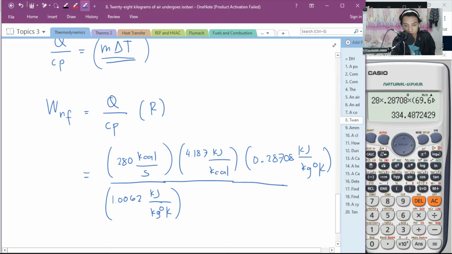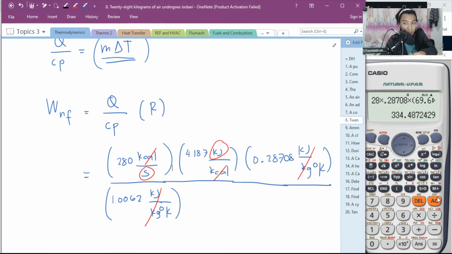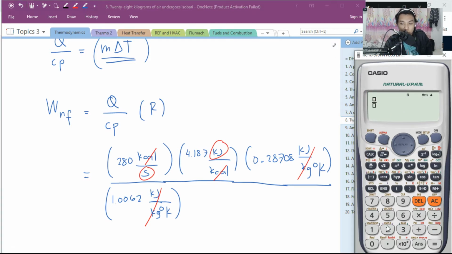Ito na po yung shortcut nun. Pinakita ko lang sa inyo yung long method. So, kilojoule per kilogram, kilojoule per kilogram. Magiging itong dalawa is kilowatts. Solve natin. Tingnan natin kung maging equal dito. 280 times 4.187 times 0.28708 divided by 1.0062.